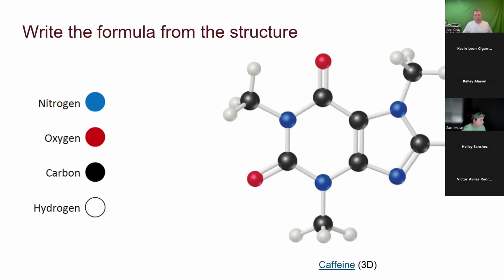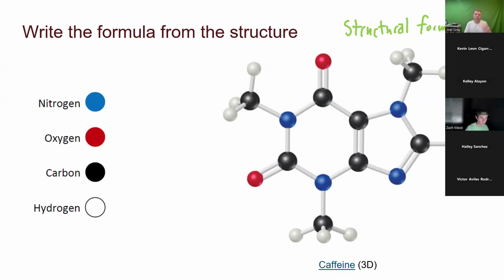Now, if you were to look at something like this, caffeine, just so we're all on the same page, I'm not expecting you to have this structure memorized or anything like that. But what I want you to be able to do is if I showed you a molecule like this, I want you to be able to dissect it and come up with the formula. This right here is known as a structural formula.